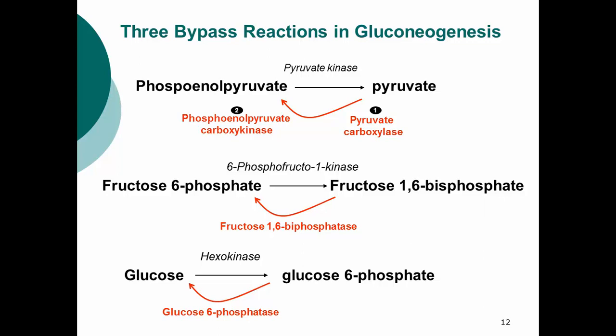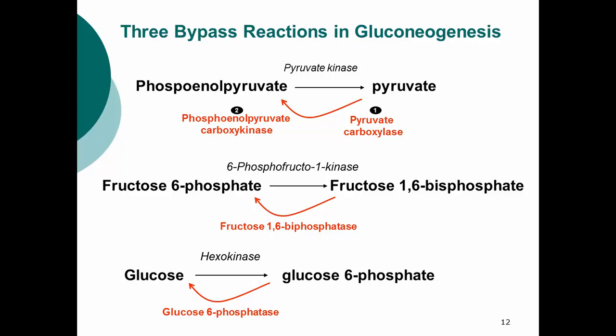So, for example, if we try to convert phosphoenolpyruvate to pyruvate, and then convert it back, pyruvate back to phosphoenolpyruvate, that requires a different set of enzymes.